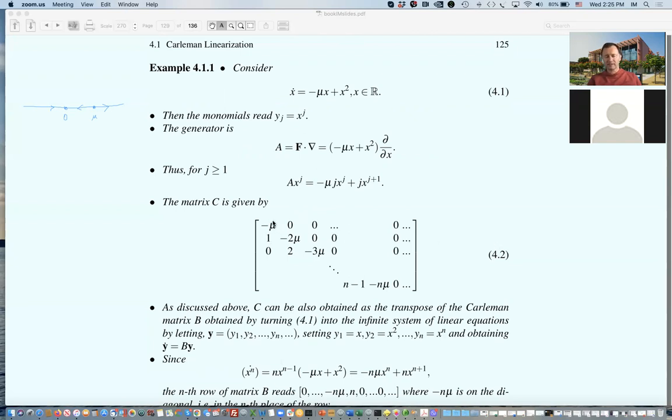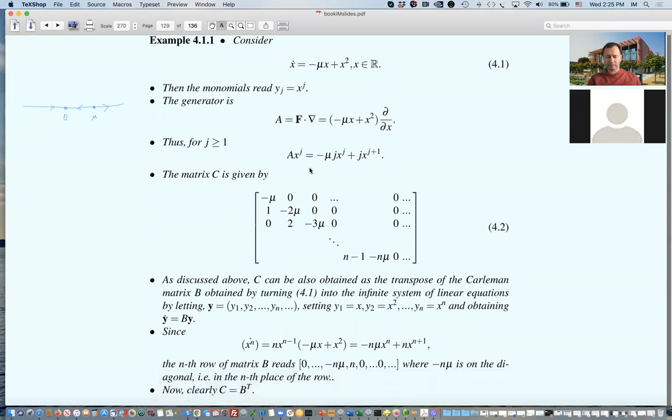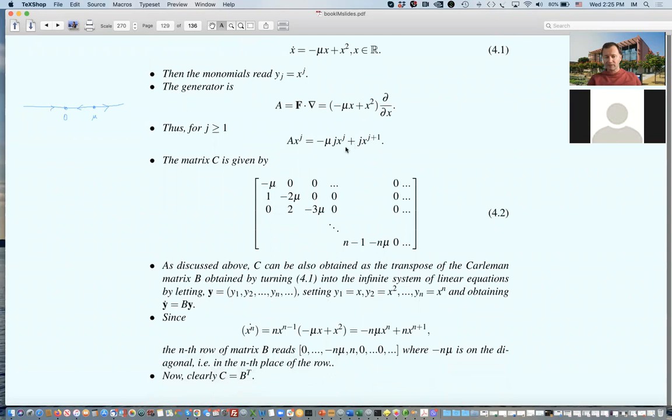It's an infinite matrix that has diagonal terms shown here, and then below-diagonal terms shown down here, right? So that's the matrix representation of our Koopman generator. So that's nice. Now, of course, if instead of acting on the coefficients, you acted on the monomials themselves, so you had a vector of monomials, then you see that, let's say for j equal to 1, this would be x, and this would be x squared.